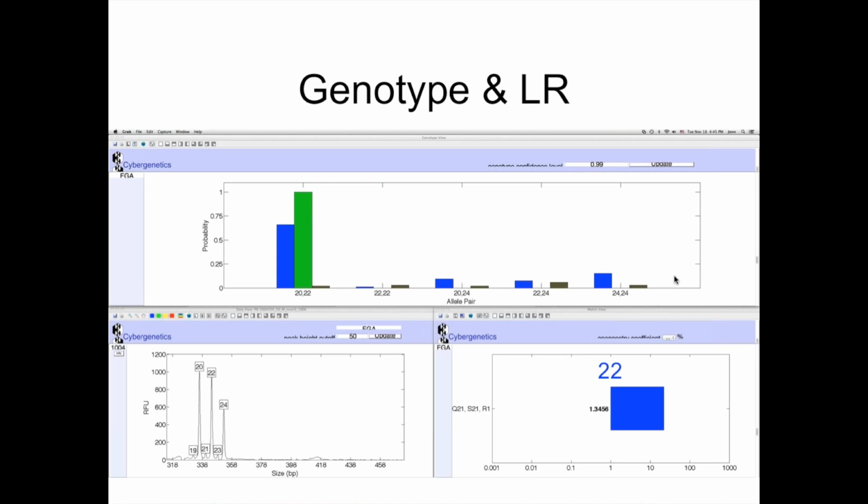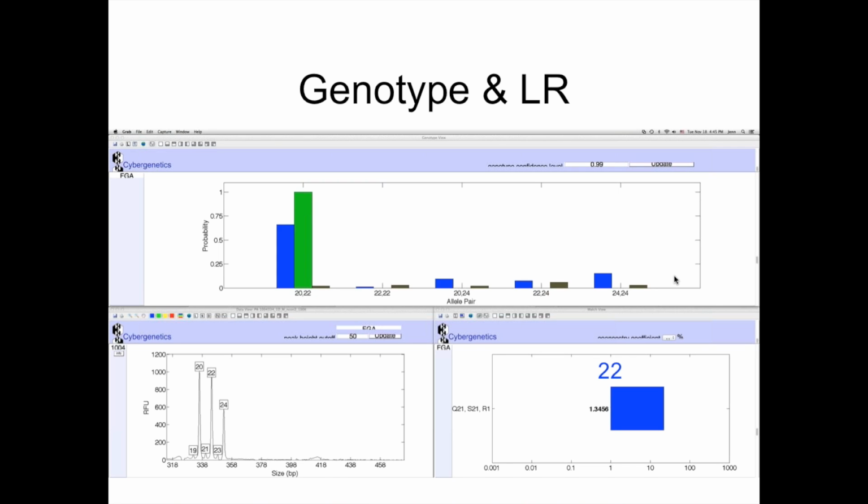And if we look at where that green bar is to make the likelihood ratio calculation, the ratio of the blue bar at 20-22 on the top left to the brown bar, which is the population random probability, is around 20. And on the bottom right, we see that calculation, that ratio is 22, and that's the likelihood ratio.